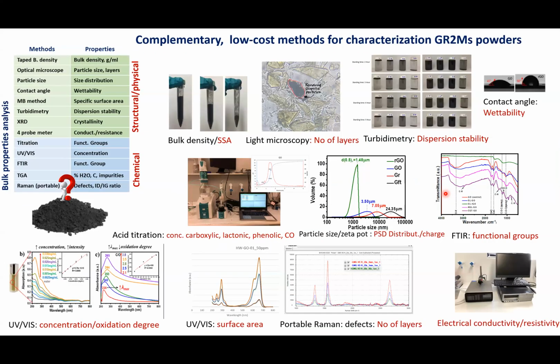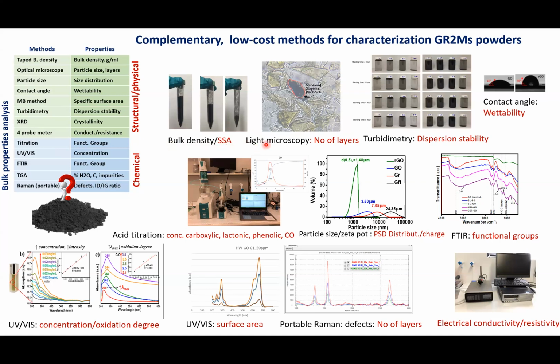Here are more details about the complementary methods we are developing in our lab. These methods can provide chemical and structural or physical properties of graphene powders, and they can be very nicely adapted to industry settings for quality control needs. For example, tapped bulk density can indicate the stacking level of graphene sheets or even provide some indication about the surface area of your powders.